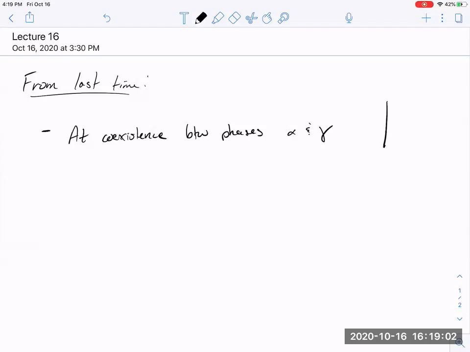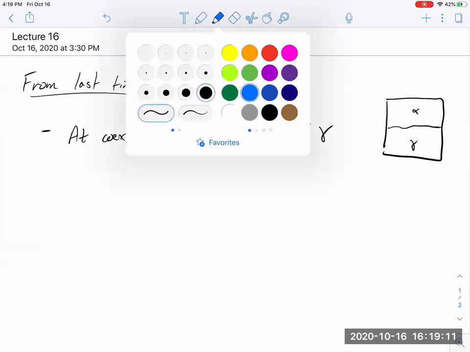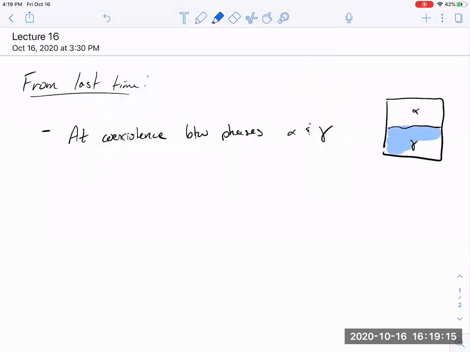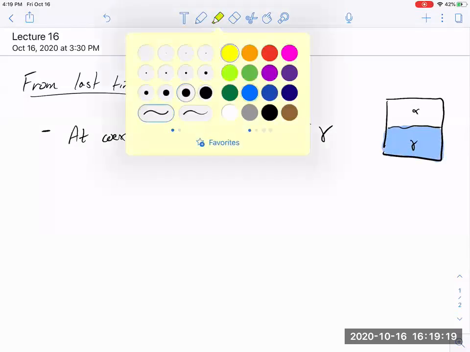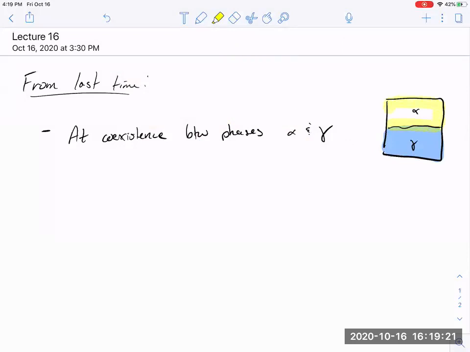So the picture we should have in our mind is we have some box, we have some alpha phase in contact with some gamma phase. This could be, for example, water and air. It could alternatively be water and oil. There are two phases that are in coexistence with each other.